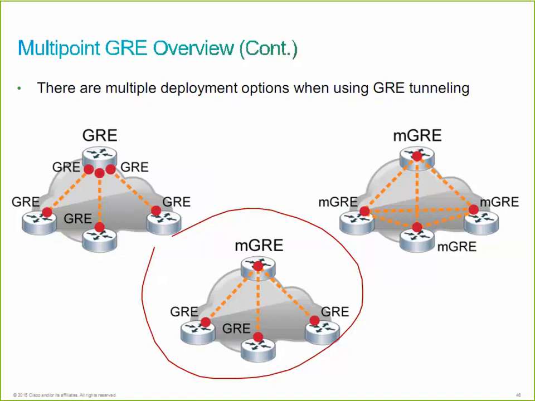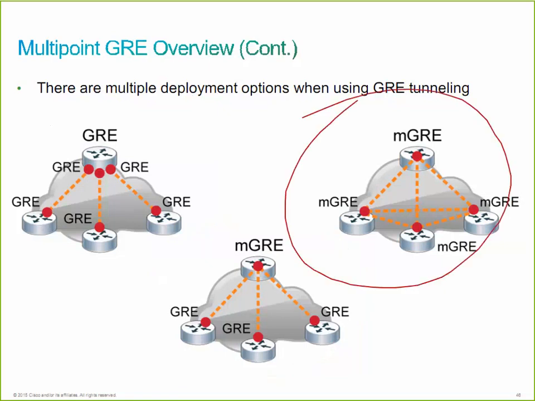In the far right diagram, we can see that we've elevated our game a little bit, and we're creating hub and spoke environments using multipoint GRE, but we're creating a full mesh. And it could be a partial mesh, but in this particular case, it's drawn as a full mesh.